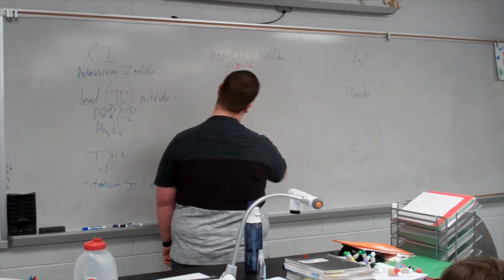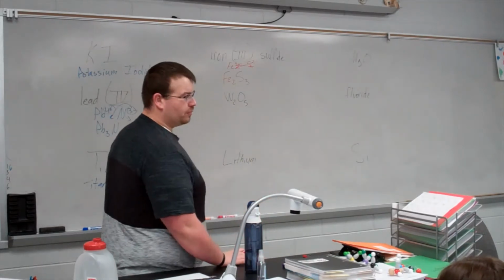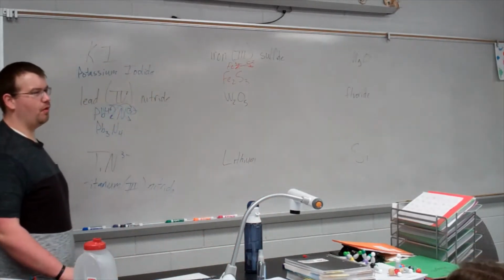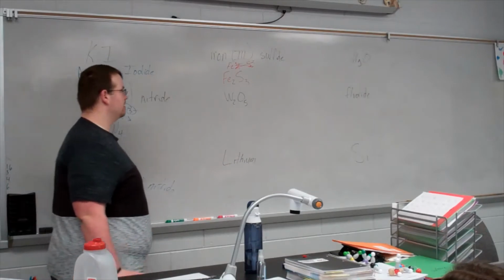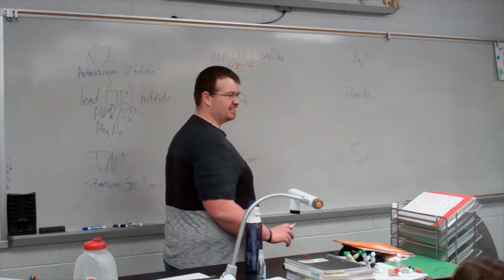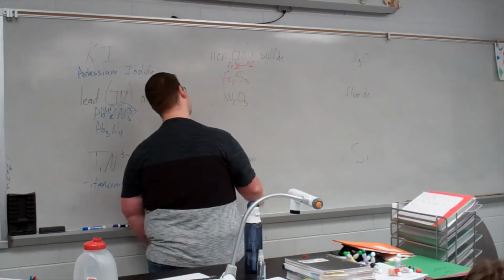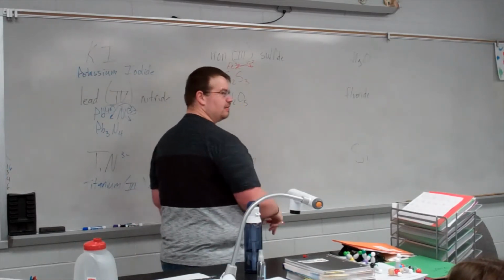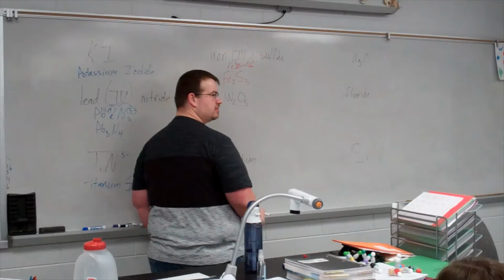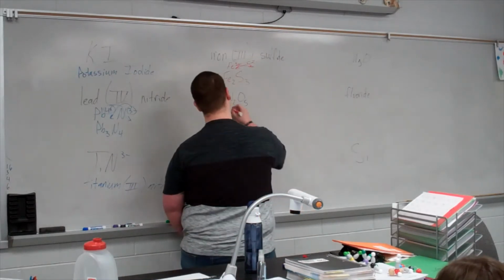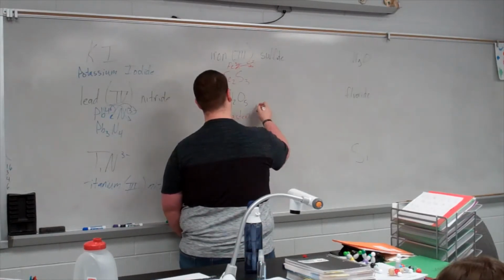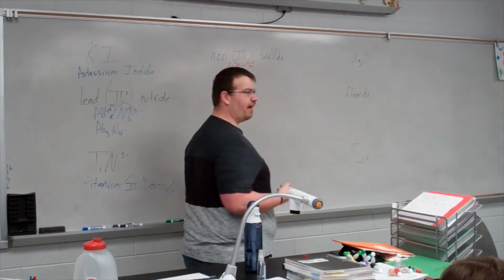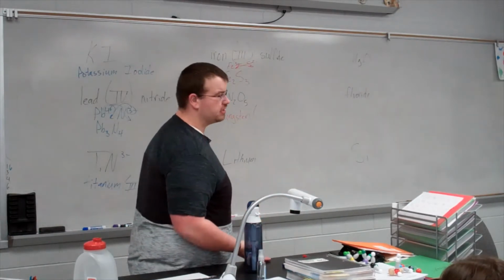Alright, so here, W2O5. In this, W is tungsten, which is a transition metal. It's in the D block. So tungsten. It has some charge in it, so we have to find the charge of tungsten.